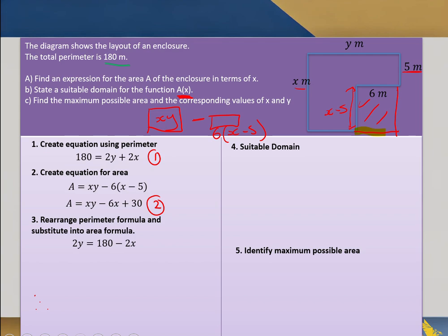So I've got 2y is equal to 180 take away 2x, and then I'm going to divide by 2. That gives me y is equal to 90 minus x.